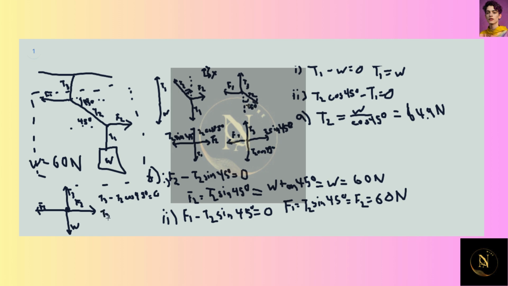So T3 equals T2 times the cosine of 45 degrees. And we see that T2 is W divided by the cosine of 45 degrees. So T3 is just equal to W. So these are equal opposing forces. So that means there will be no motion in this object system.